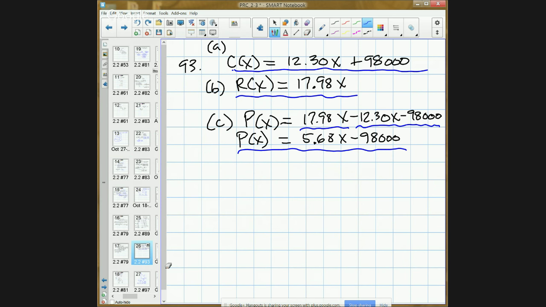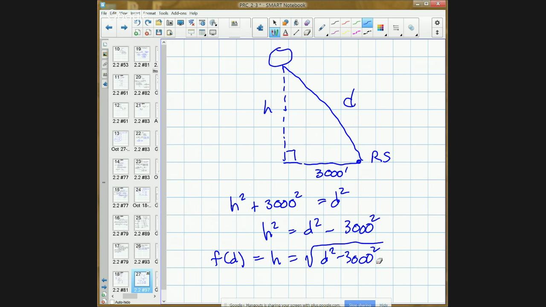97 has also been requested. So let's take a look at 97. I should write 97 on here. All right, so in number 97, it reads, a balloon carrying a transmitter ascends from a point 3,000 feet from the receiving station.